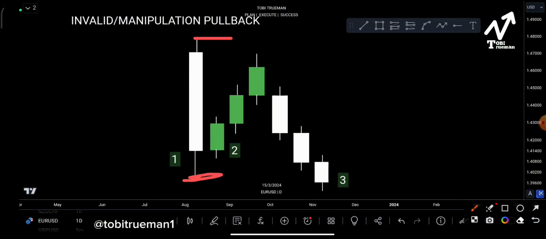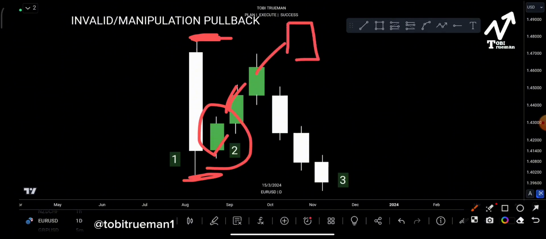Candle 1 high point must be taken out by the candle 2 candlestick. There are some scenarios whereby candle 2 cannot do it, candle 3 cannot do it, the next candle cannot do it, the other ones cannot do it. But if another candlestick forms above the high point of candle 1, that is very valid.